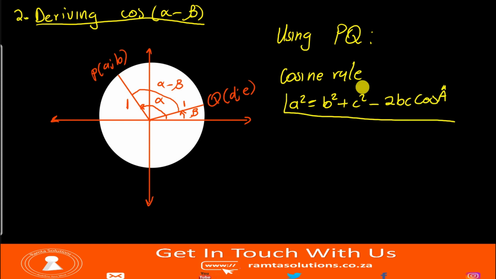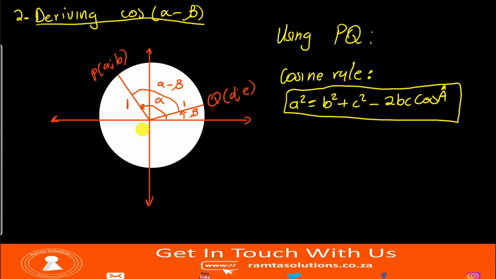That was the cosine rule. A is opposite angle A, and we use the cosine rule when we have two sides and an included angle. And when you look at it, we have it here.